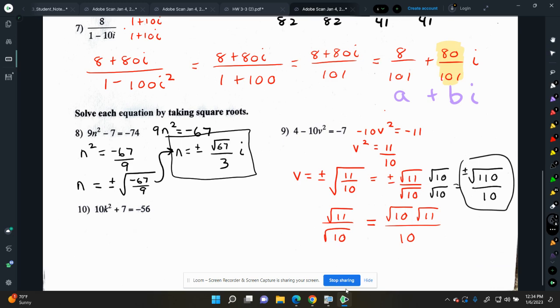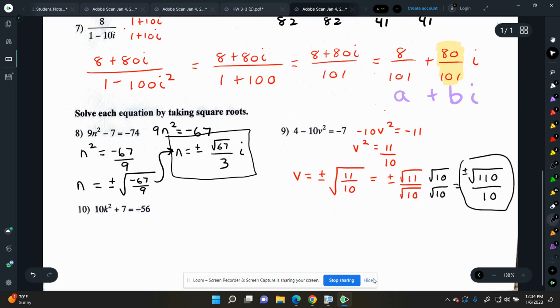Okay, number 10. So let's see, we're going to subtract 7. So I have 10k squared equals negative 63. So k squared equals negative 63 over 10.